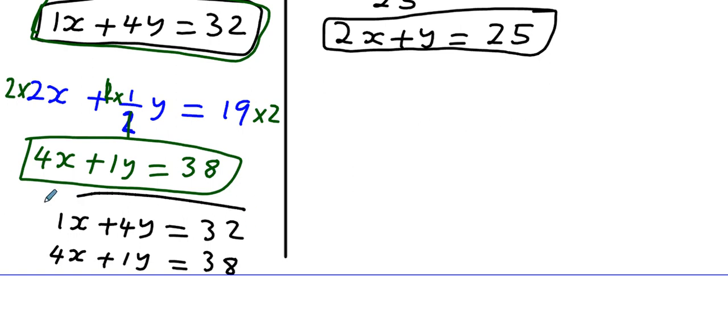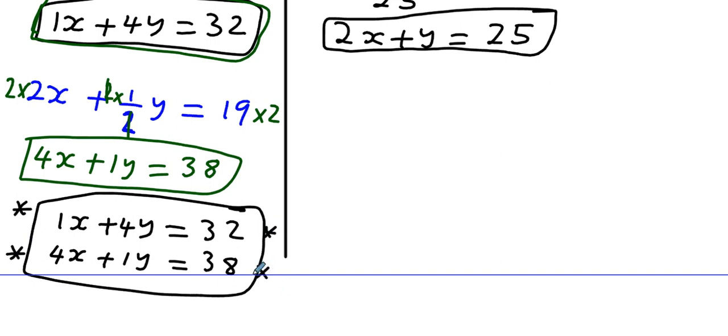Now you can choose any method and then proceed. If I was to solve this question, I would go with the elimination method. Why? Because I will be removing one letter and getting the value of the other letter. But because I have done a lot by substitution, by the elimination method, you can now pause the video and proceed.